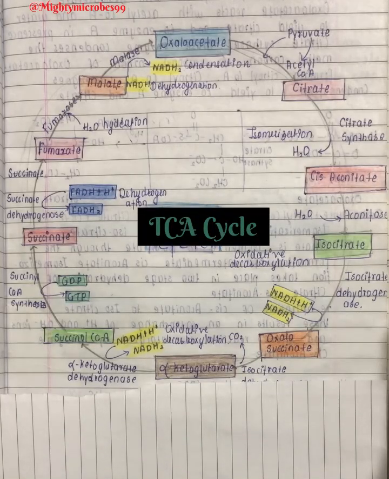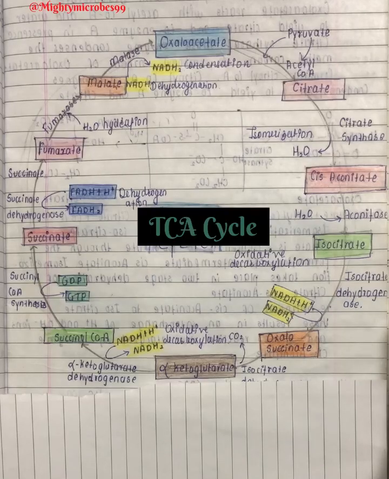Today we are back with another cycle, that is the citric acid cycle, which we also call the Krebs cycle or TCA cycle, that is the tricarboxylic acid cycle. This cycle was first introduced by Sir Hans Krebs, and it is an aerobic metabolic pathway.